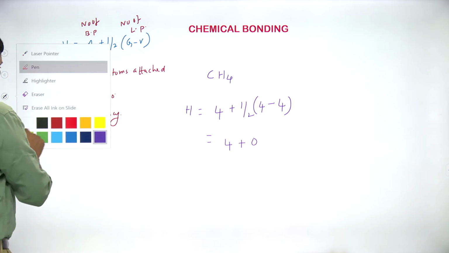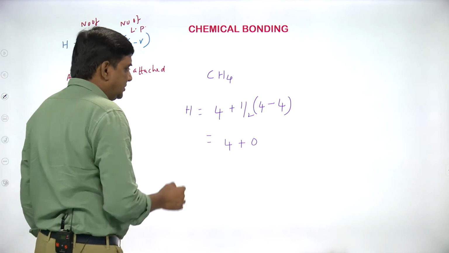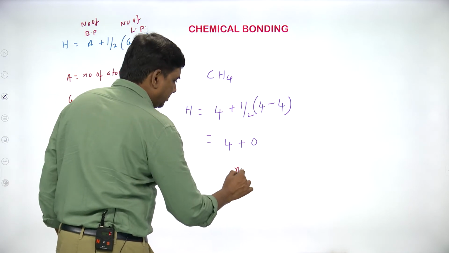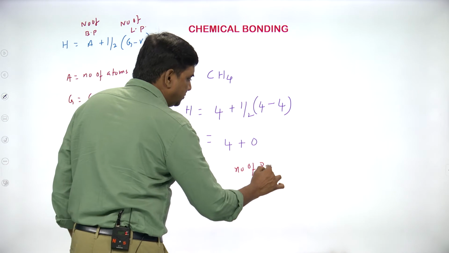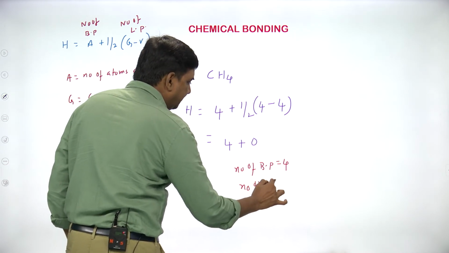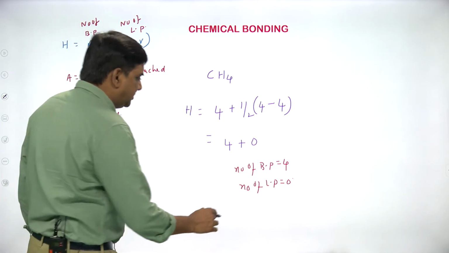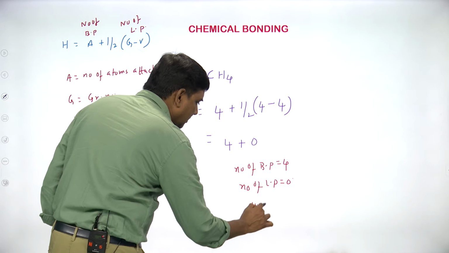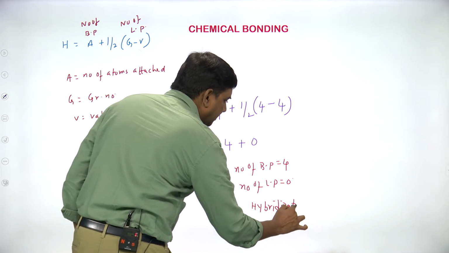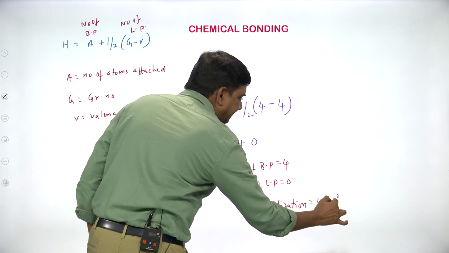Since the hybridization value H is equal to 4, the number of bond pairs is 4 and the number of lone pairs is 0. Hybridization is 4, meaning sp3.